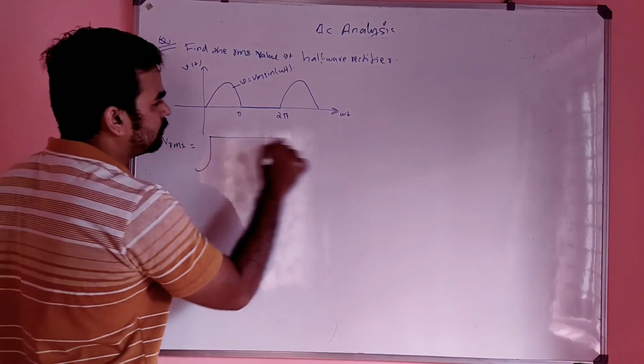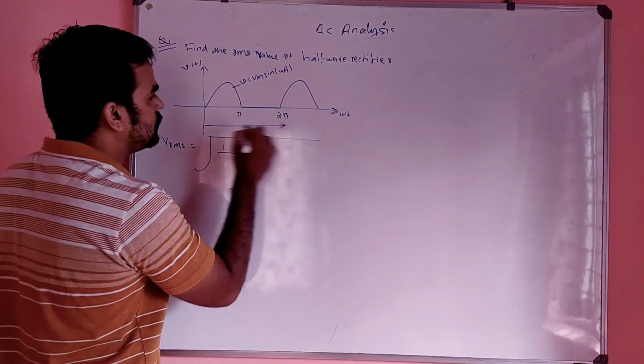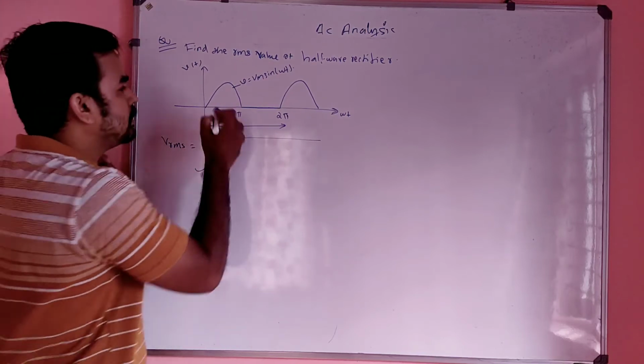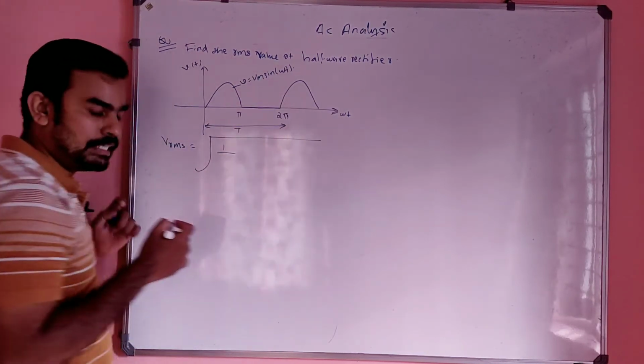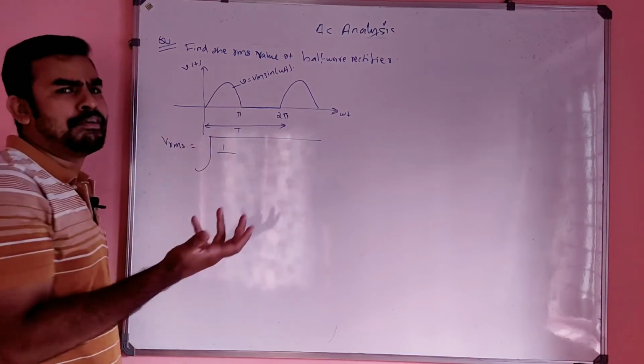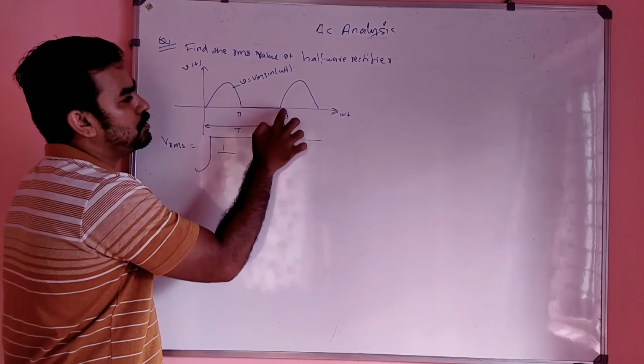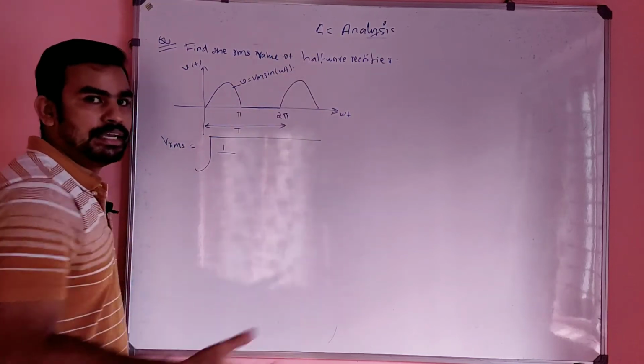Then you can go for the RMS value. VRMS is nothing but 1 by, what is the time period here? There is no change in that. This is the time period because after 2 pi the wave is repeating, right? From 0 to pi the wave will be there, pi to 2 pi there is nothing, and at 2 pi the wave is repeating.